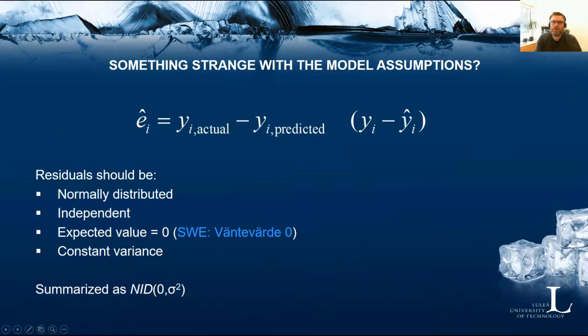And we know that residuals in the model assumption should be normally distributed, independent, they should have expected value 0, or in Swedish väntevärde 0, and constant variance. And this is sometimes summarized as NID(0, sigma squared).